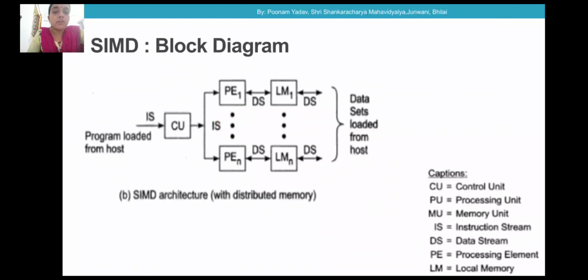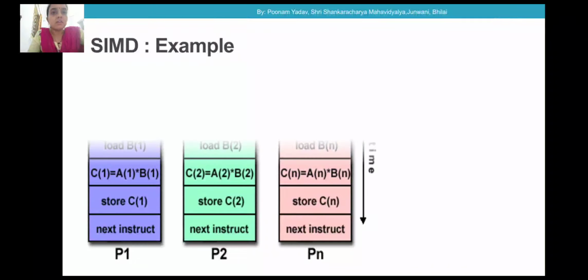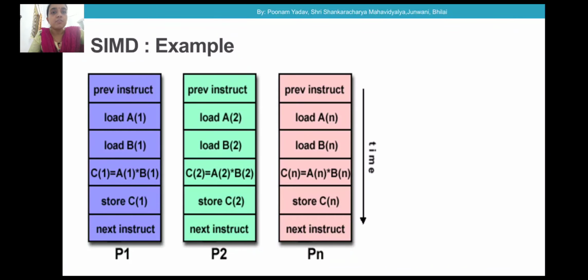In this way, for this SIMD architecture design example, suppose we have n data sets. These are different data sets, but the instruction is the same. So we perform the same instruction. Here you can see A1 and B1, a multiplication is performed and stored in C1.